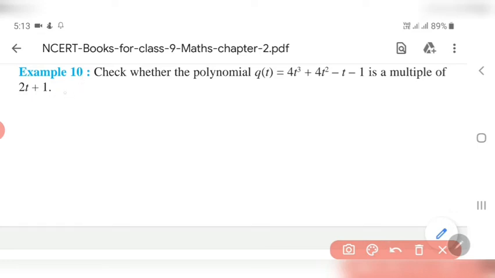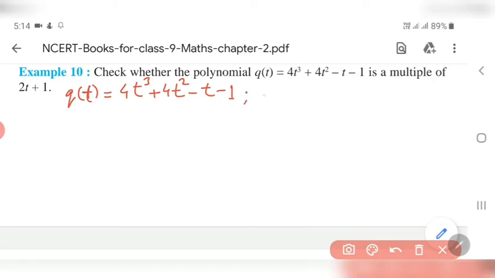Now here we can write q(t), that is given, 4t³ + 4t² − t − 1. Correct? So this is q(t).